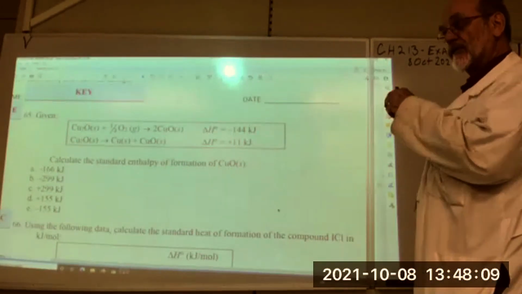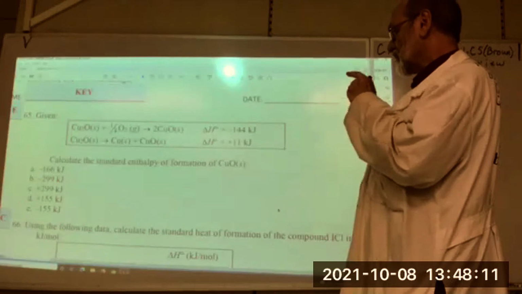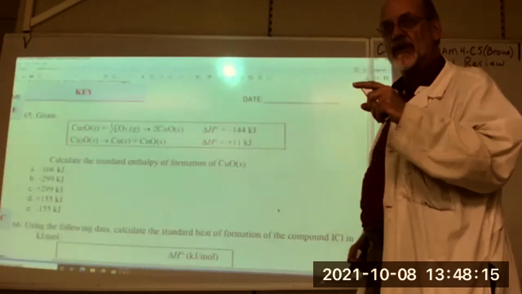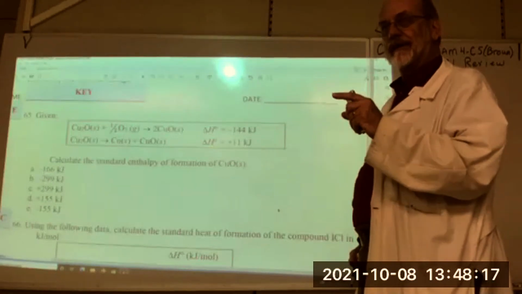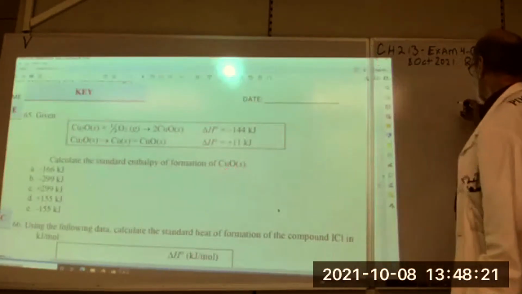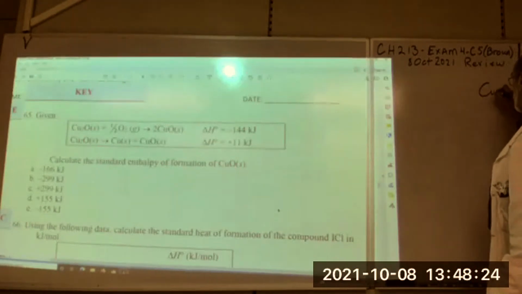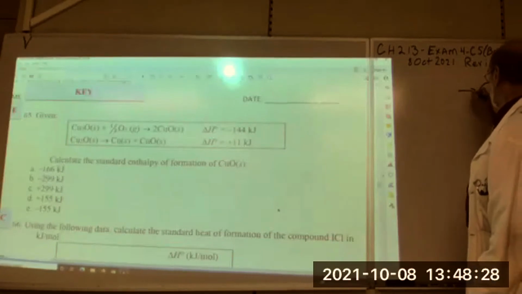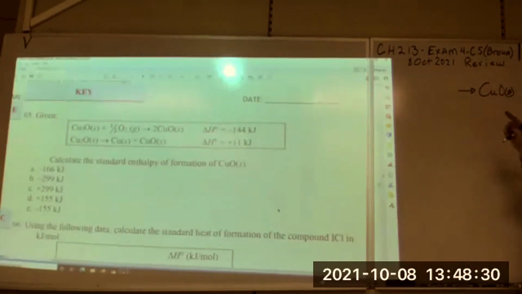So first you have to know how you write the equation for the standard enthalpy. You start with the product. So this is the product. That means we want to end up with that. In order to do that, you need the elements in their standard state.